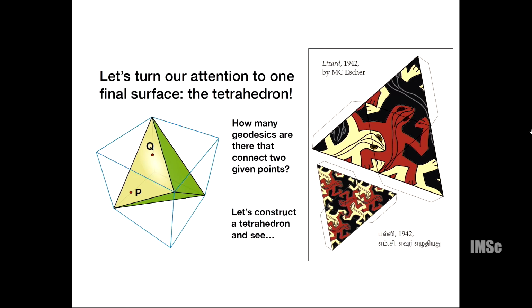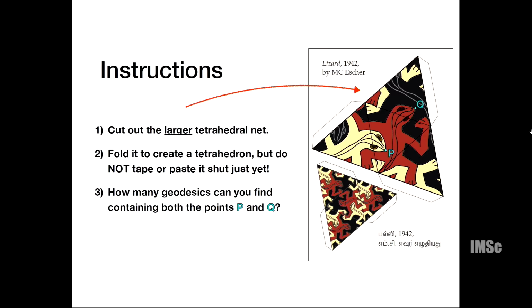Don't worry about this small net here. Just cut out the big one. We're just going to use the big one right now. And make sure you cut out the tabs as well. So keep that intact.